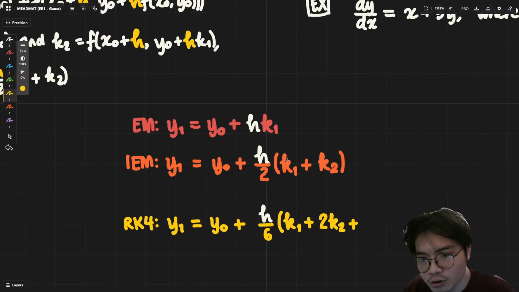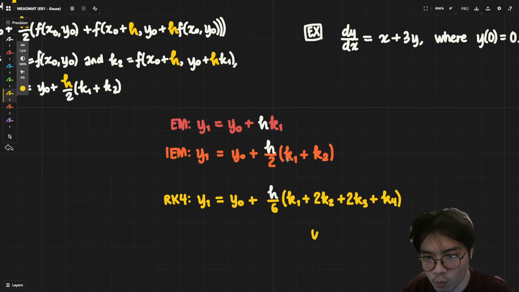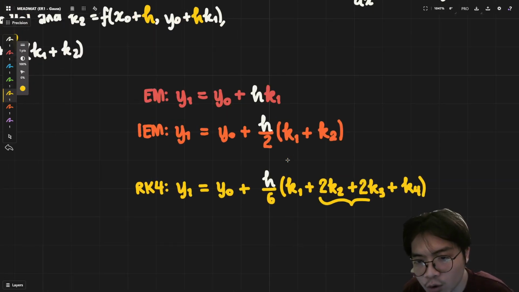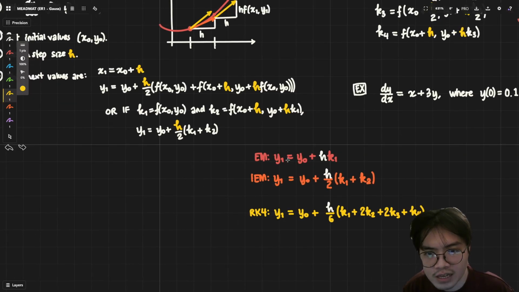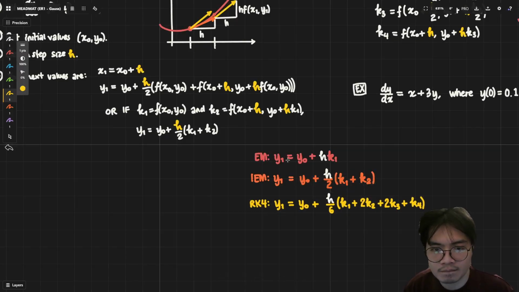Note that what they're doing in this case is that they are allocating higher weights for the ones in the middle. Very interesting. So these are the differences between the three methods, the three algorithms.